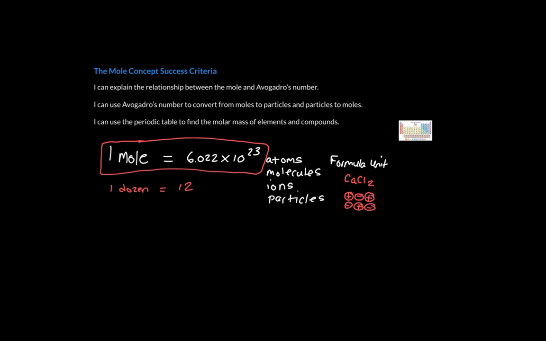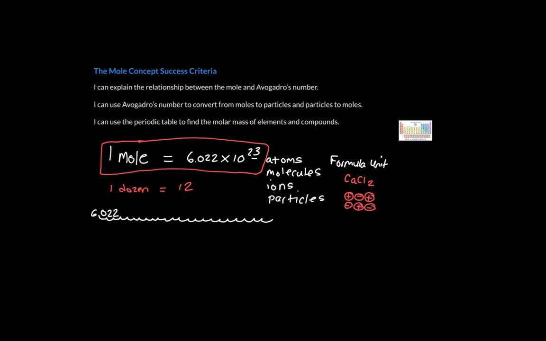Now, what does that look like in terms of size? So if we were to write this out, 6.022. Now it's to the 23rd power, so that means we have to move the decimal. 1, 2, 3, 4, 5, 6, 7, 8, 9, 10, 11, 12, 13, 14, 15, 16, 17, 18, 19, 20, 21, 22, 23.